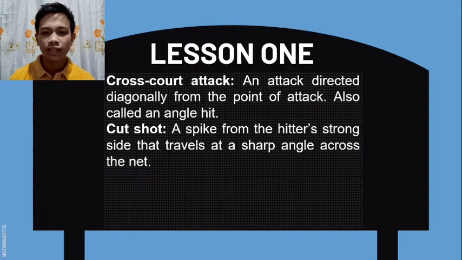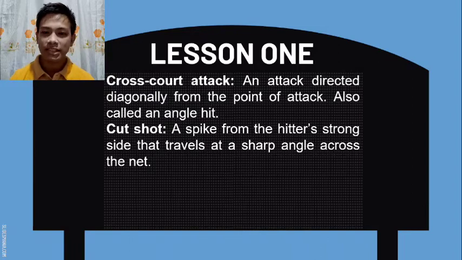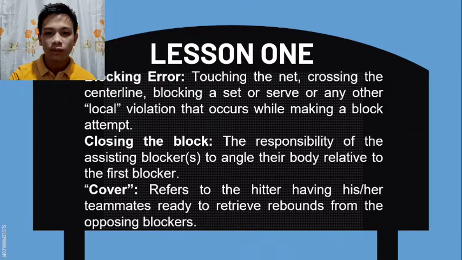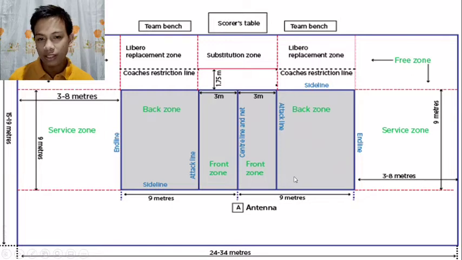Okay, cut shot is a spike from the hitter's strong side that travels at a sharp angle across the net. Somehow related siya kay cross-court attack, but sharper. Kumbaga, from end to end. Basta example ko siya sa, balikan natin yung court. Hanap tayo ng court. Eto, kunyari dito yung spiker, normally, ang hihit niya na area is here, dito, sa mga area na to ng kalaban.